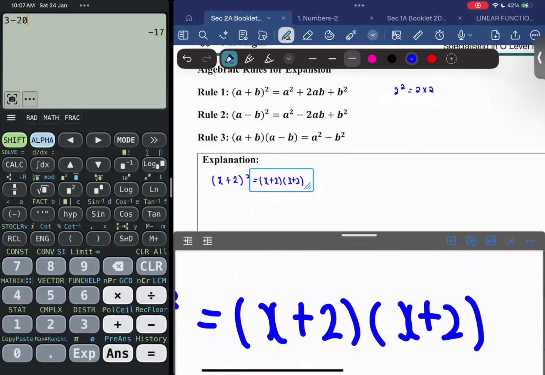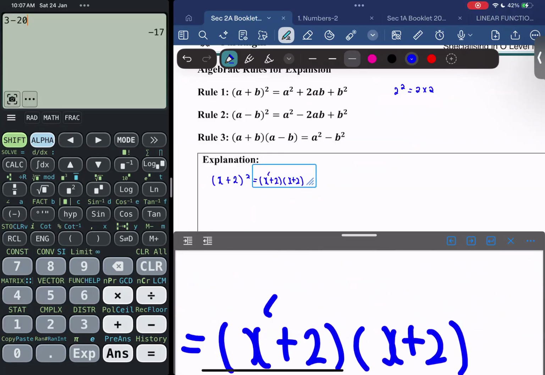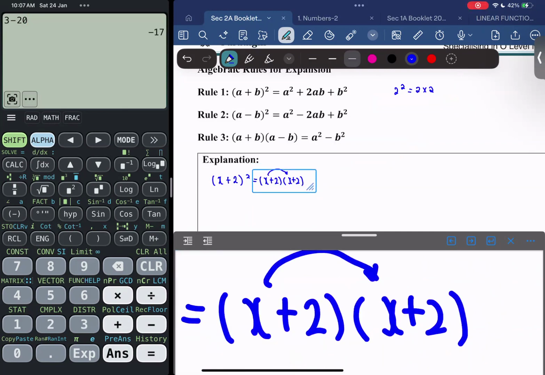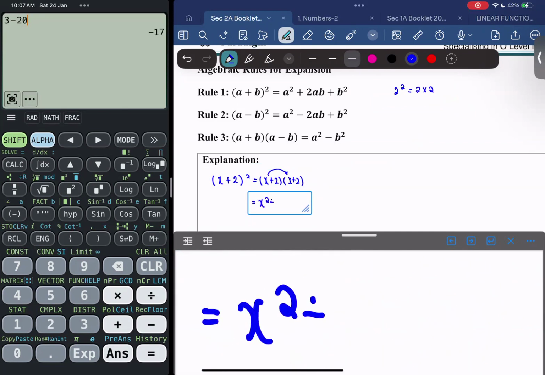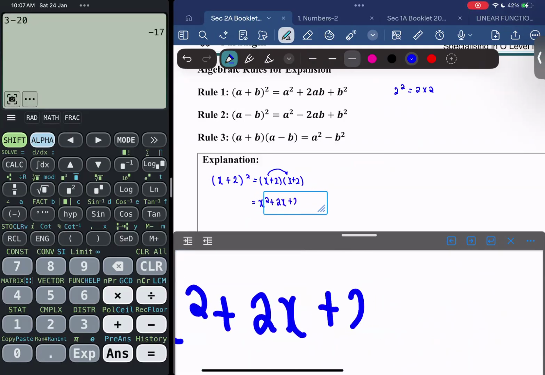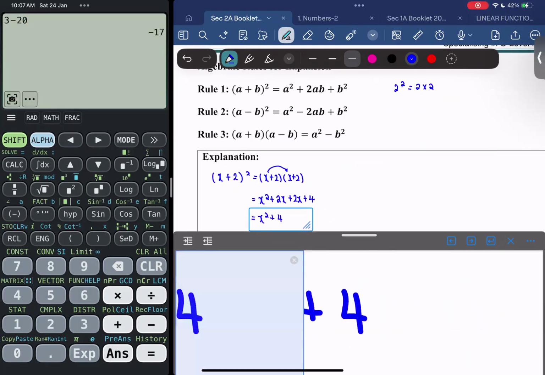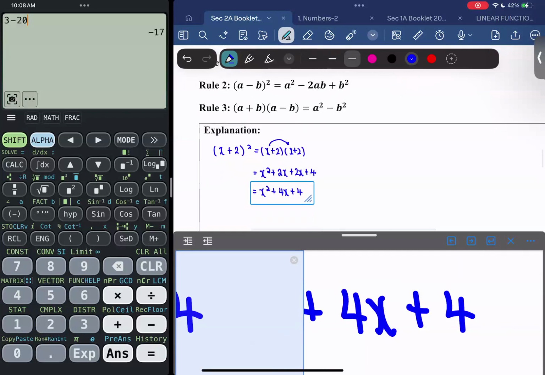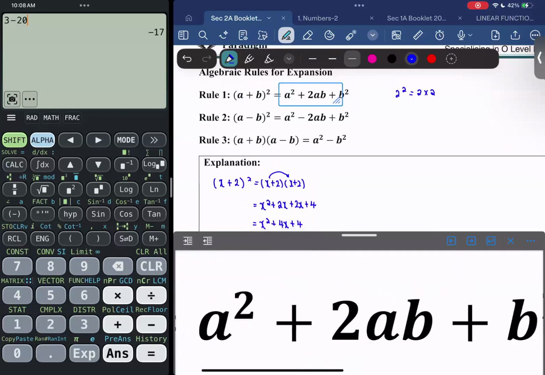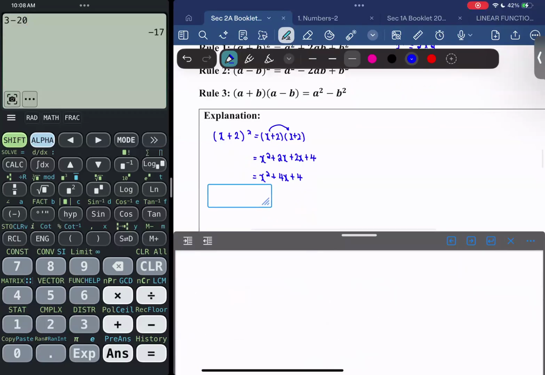Then we open up the bracket, rainbow method. So we have x squared plus 2x plus 2x plus 4, which equals x squared plus 4x plus 4. Now how is this comparable to this?